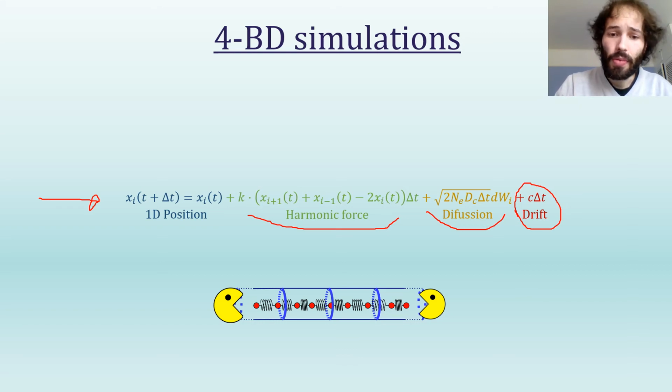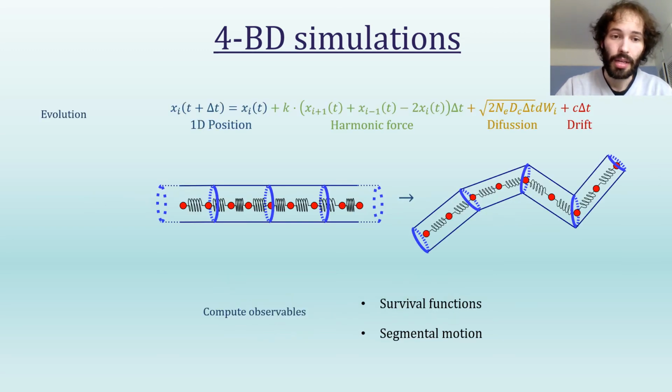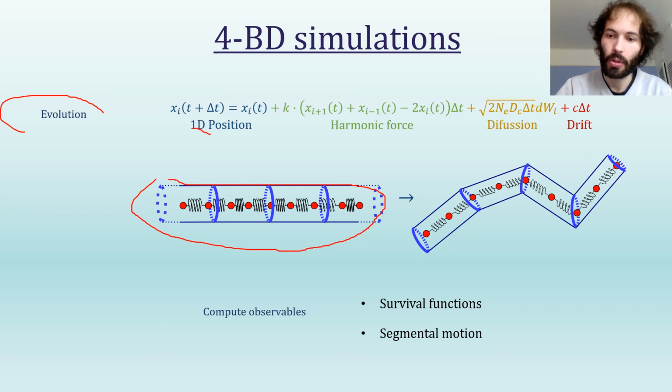Basically, this Rouse model inside the tube adds a relaxation mechanism that destroys the ends of the tube much faster at short times. The system evolves in one dimension, okay, but then is projected in the three-dimensional real space.